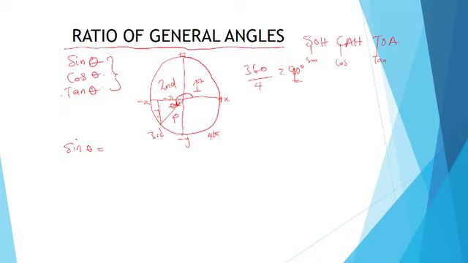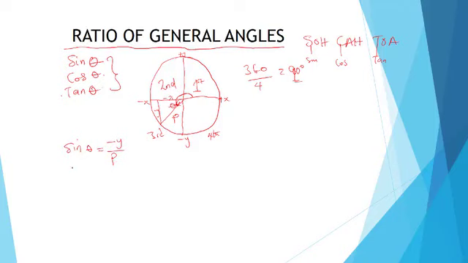So now let's look for the value of sine theta. Sine is opposite over hypotenuse. The opposite of theta here is minus y, and the hypotenuse here is p. So you can see that sine in the third quadrant always has a negative value because you have minus y over p.